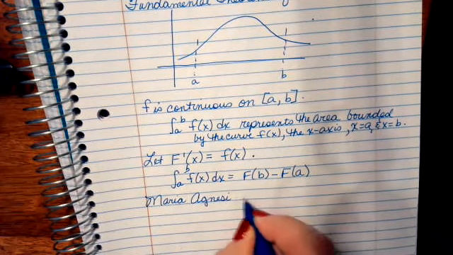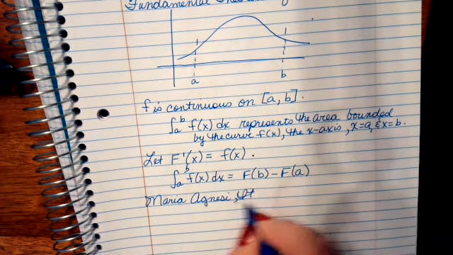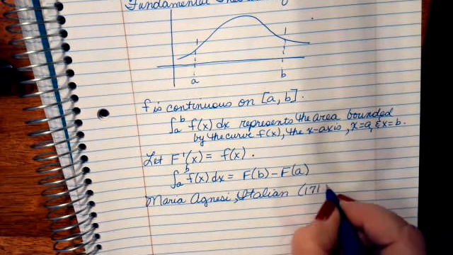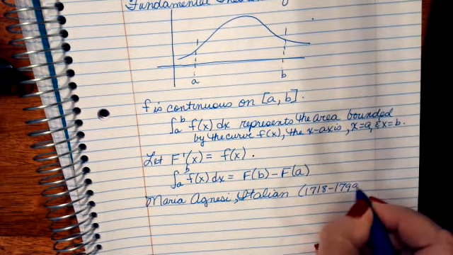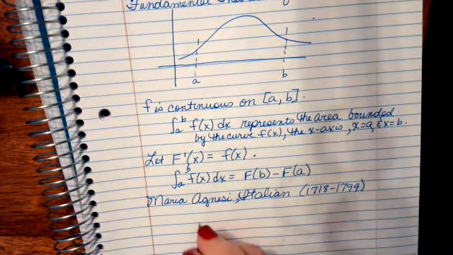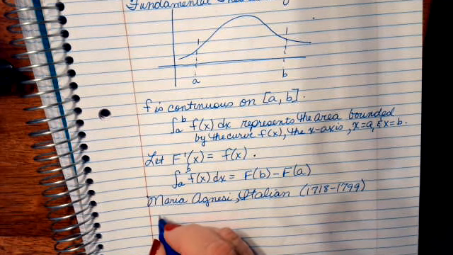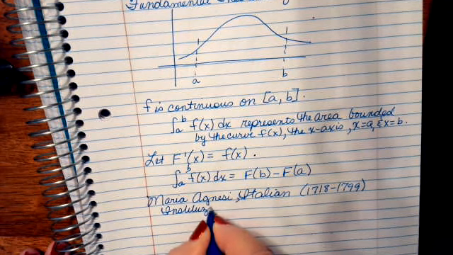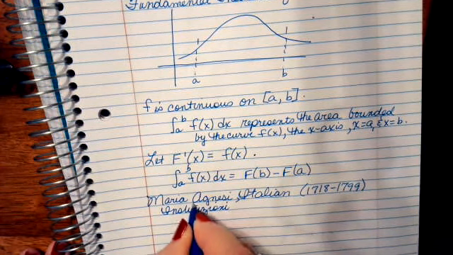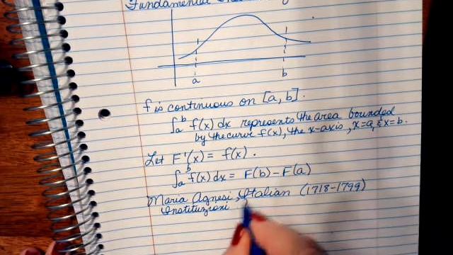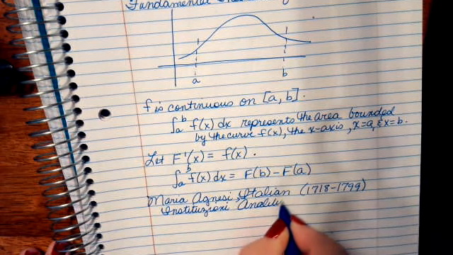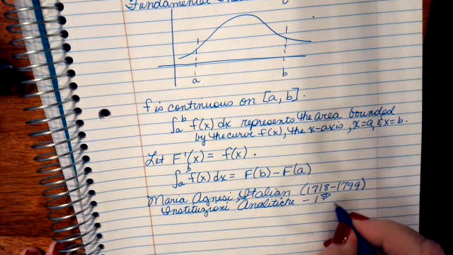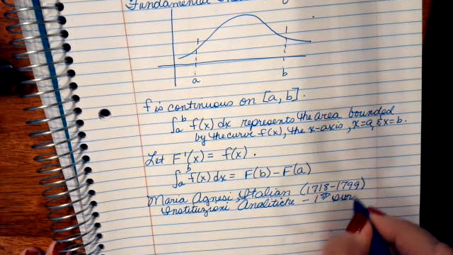Maria Agnesi was an Italian mathematician. She lived from 1718 to 1799. And she wrote the book Instituzioni Analytica. And this is the first surviving mathematical work by a woman.